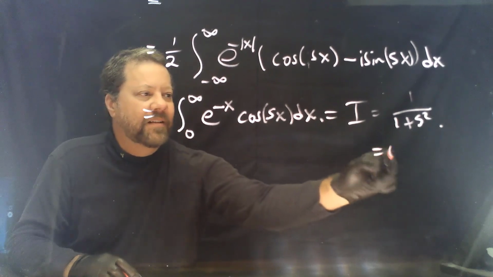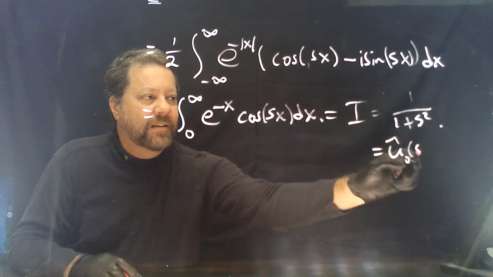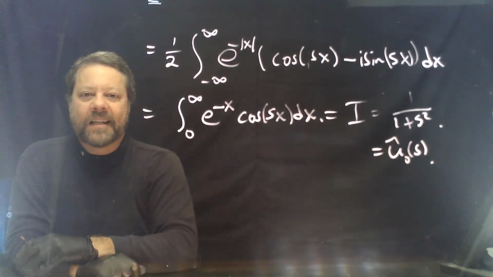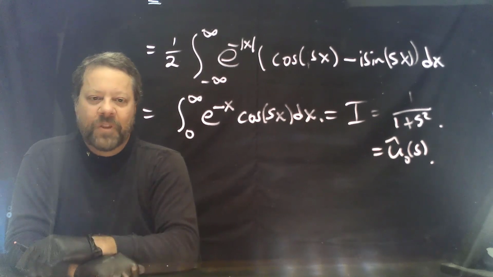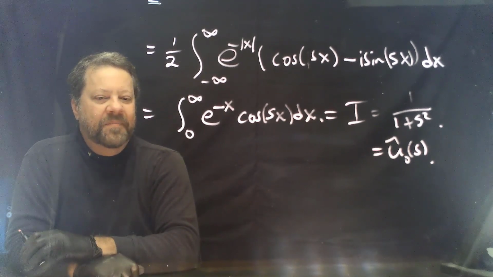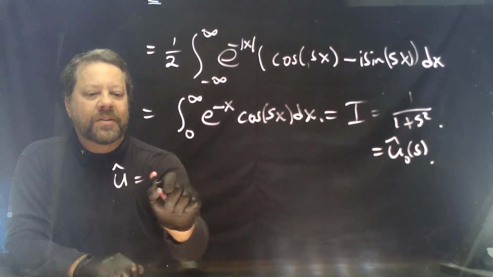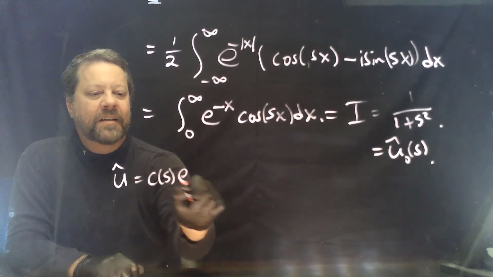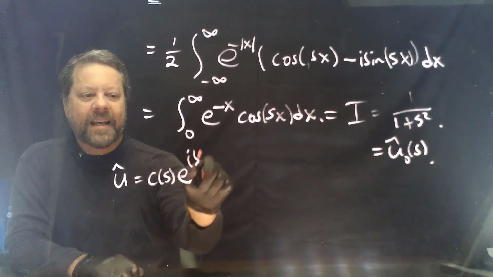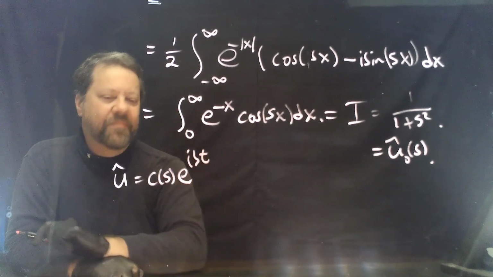So this was the initial data with the Fourier transform applied. Now we had u hat was some constant of s e to the ist.